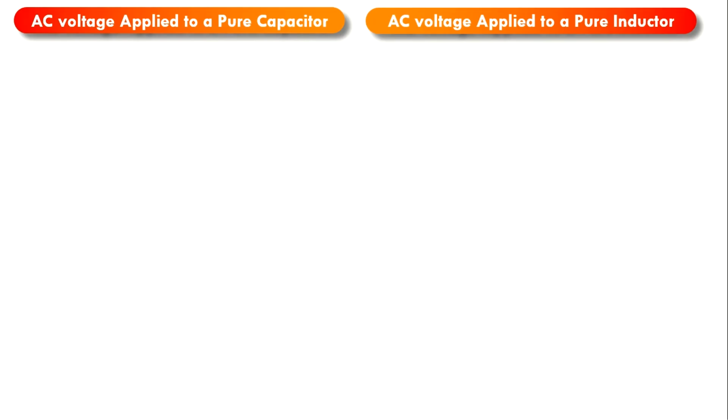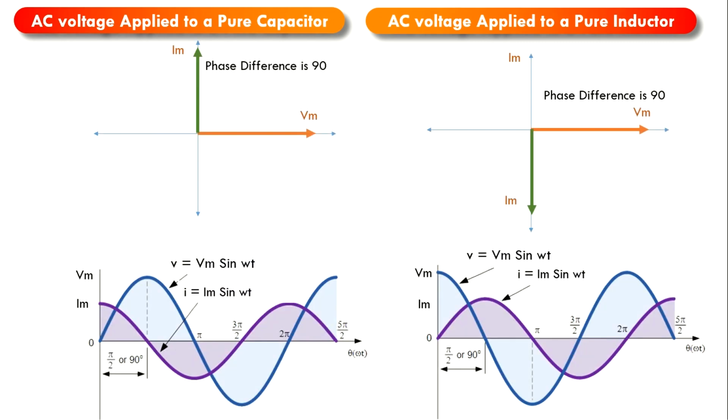Here you can see AC voltage applied to a pure capacitor, on one side. On the other side you can see AC voltage applied to a pure inductor. As we have already seen in the other video, this is the waveform of voltage as well as current for a pure capacitor, and when we apply AC voltage to a pure inductor, these are the voltage as well as current waves.